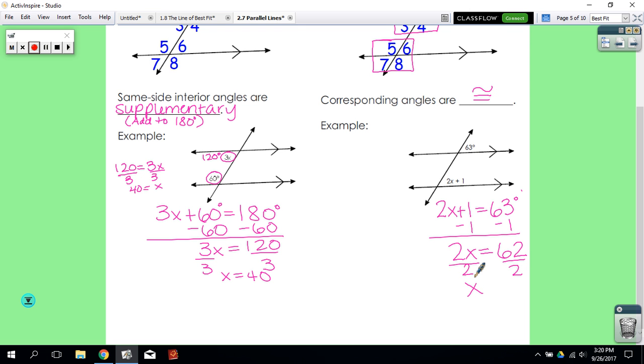Divide by 2, x is equal to 31. And again, this is not an angle, this is not degrees, this is just what x is equal to. The reason that we set this equal to 63 is because these are corresponding angles, so we know that they have to be equal to one another. They are congruent.